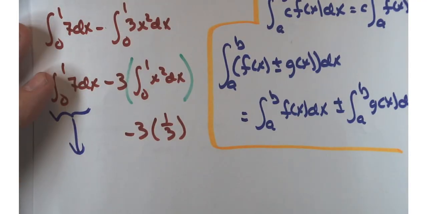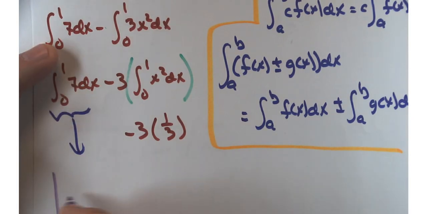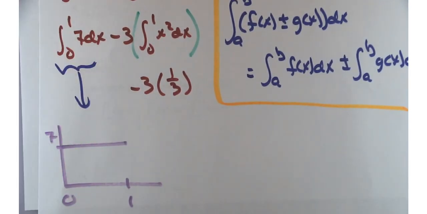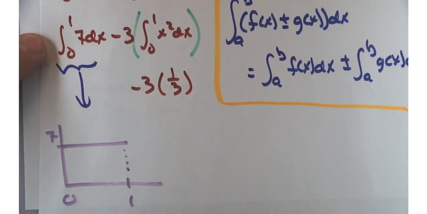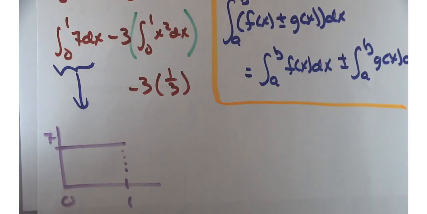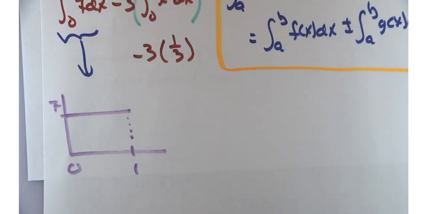So if we were to graph it, that's just a 7 between 0 and 1. What does this evaluate to? 7. Yeah, it's just the area of this rectangle, right? So that's going to be a 7. So we'll end up with 7 minus 1, which is 6.